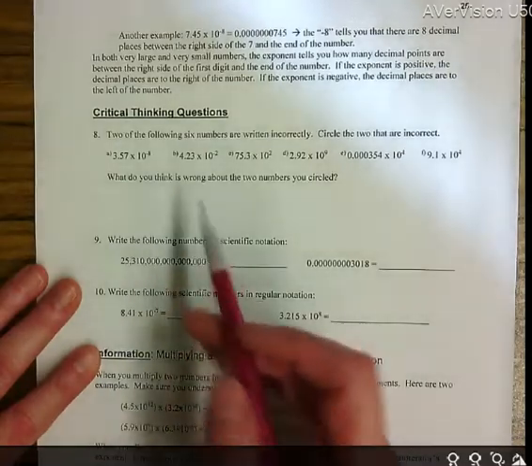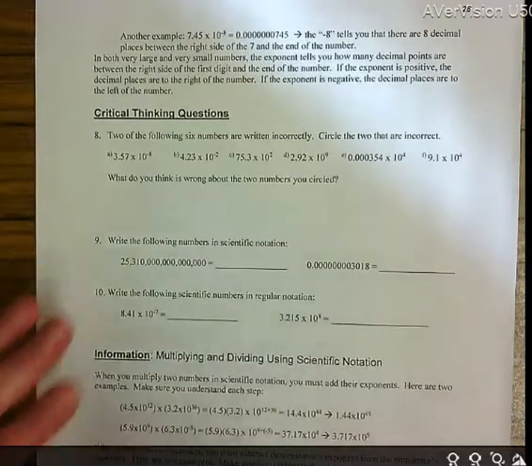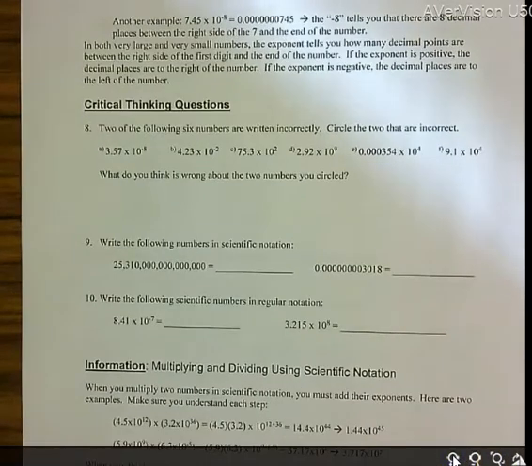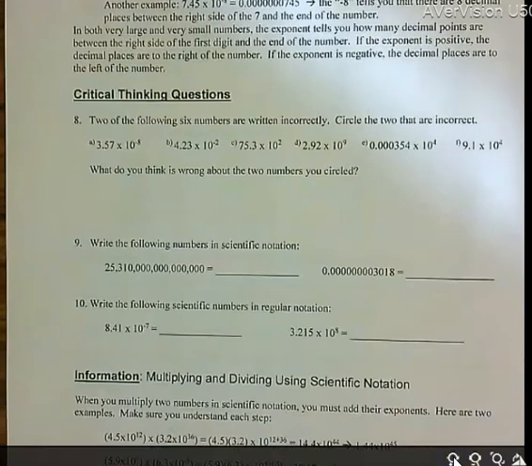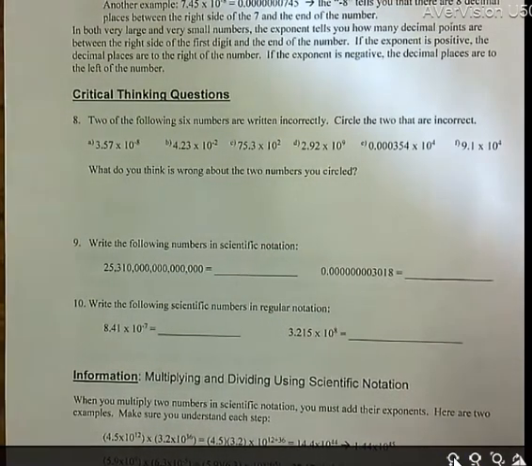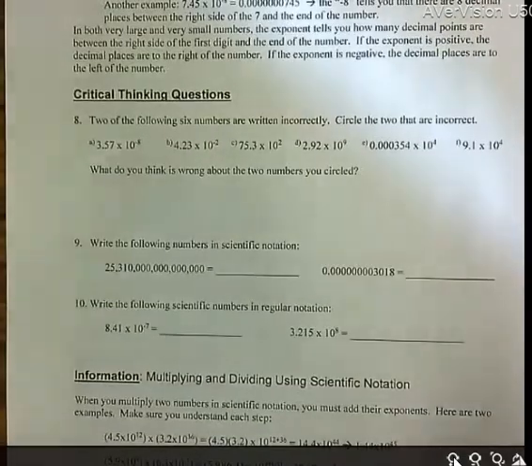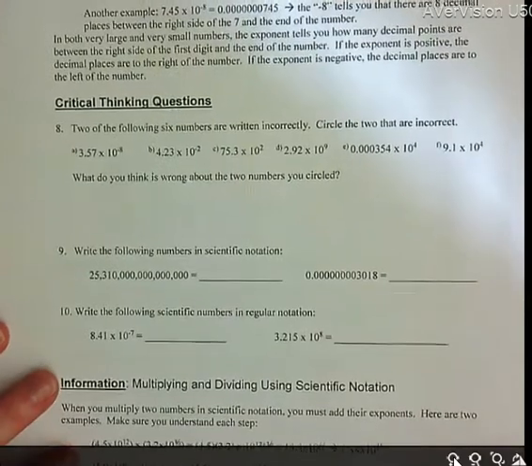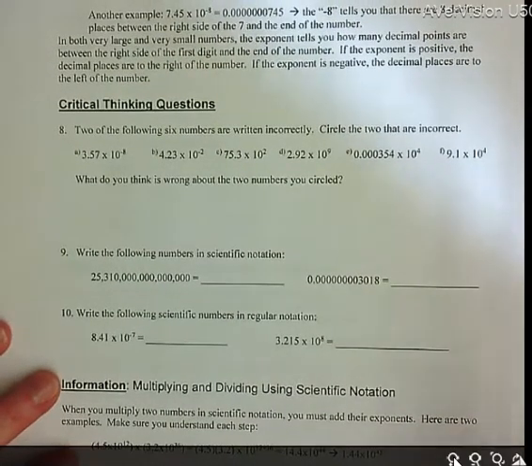So when I look at these, I'm going to try zooming. I'll try that. Looks a little bit better. Okay, so 2 of these are written incorrectly. Circle the 2 that are incorrect.